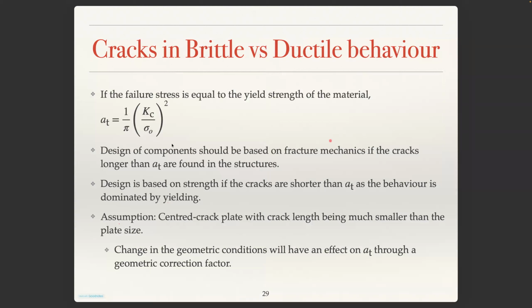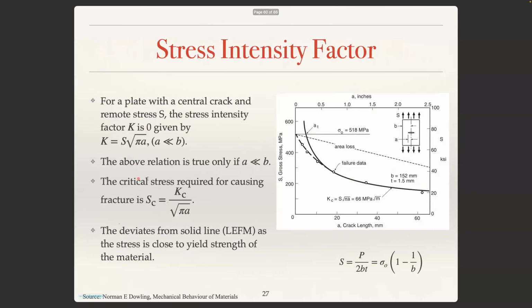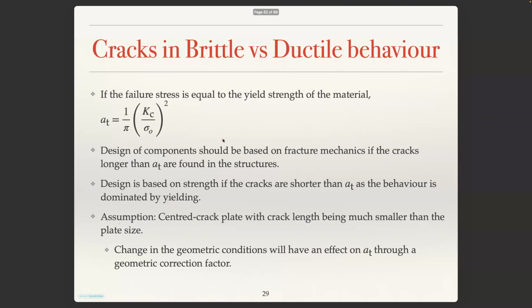So as we have said, if the failure stress, that means sigma naught, is equal to the yield strength of the material, then we define AT. What is AT?